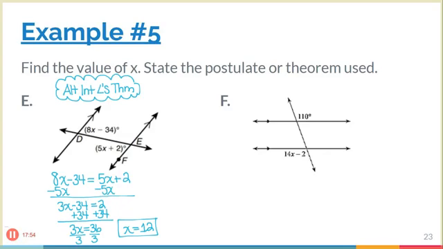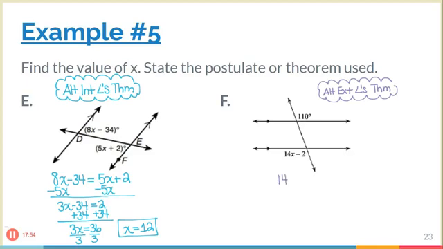All right, welcome back. We're going to look at those angle pairs, and if we look at those angle pairs, they are alternate exterior angles. And so alternate exterior angles theorem says that those alternate exterior angles are congruent. So since they are congruent, that means they measure the exact same.